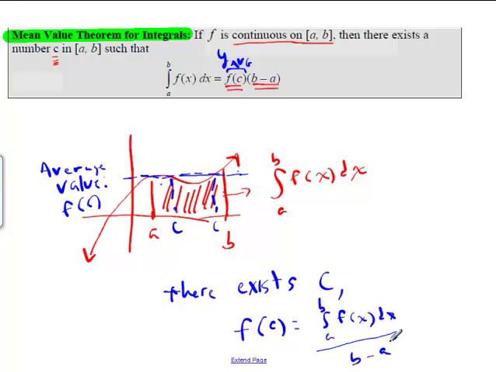In other words, there must be an average value of a function provided that it's continuous, and not only is there an average value of this function, but there's an x value c between a and b such that f of c is the average value.